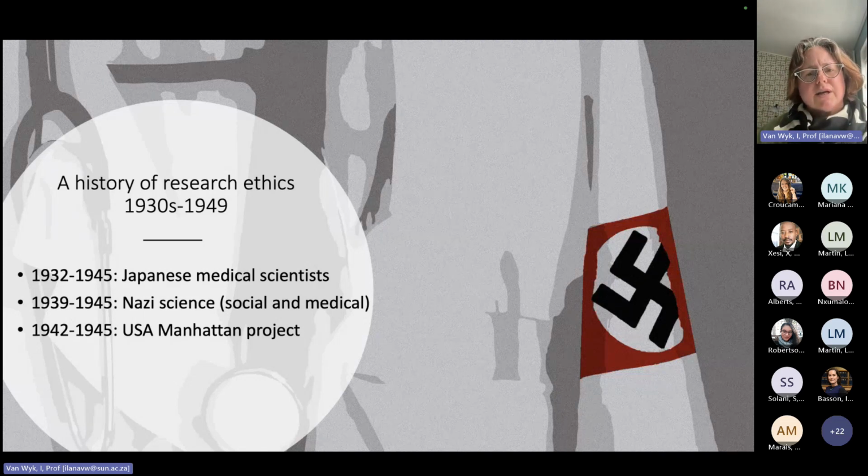This research breached, for the medical scientists, all of the Hippocratic Oath dictates, the old ethical guidelines for doctors, but also for social scientists. Many social scientists got involved in the Nazi project and tried to help the state with things like racial hygiene, as they called it. So this complicity was something that scientists up to this point didn't have to deal with in any great measure.